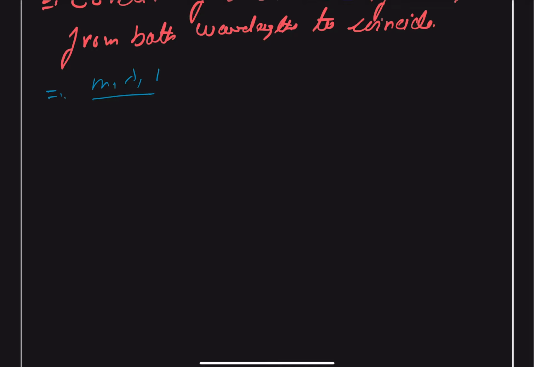This equals m2 lambda 2 L divided by d. Here d and L cancel out. So this gives us m1 lambda 1 equals m2 lambda 2.